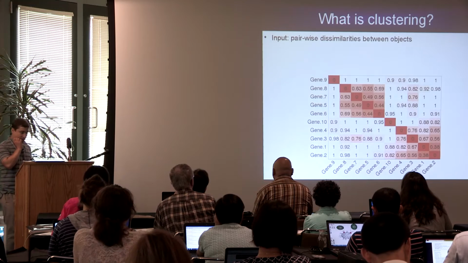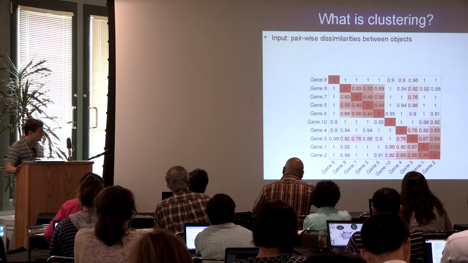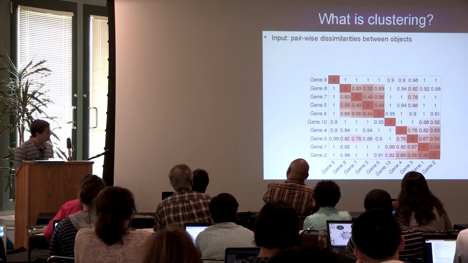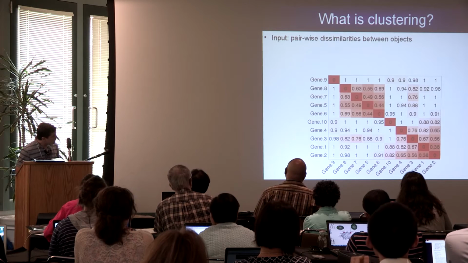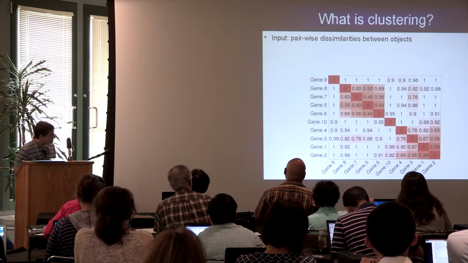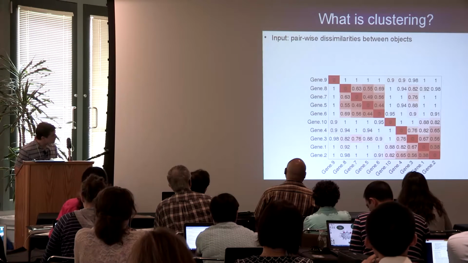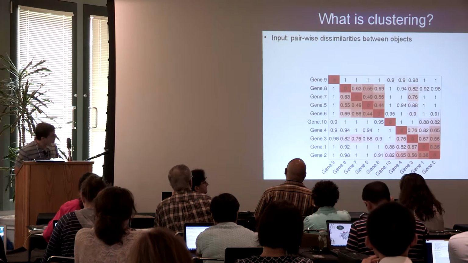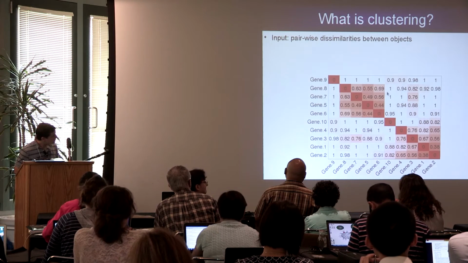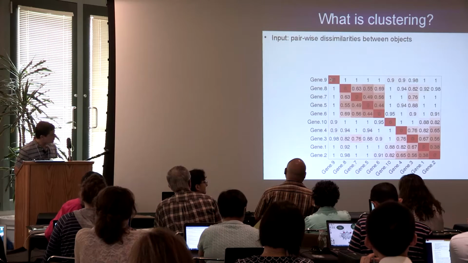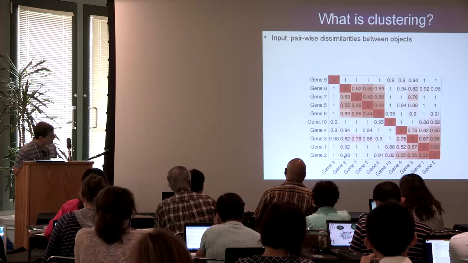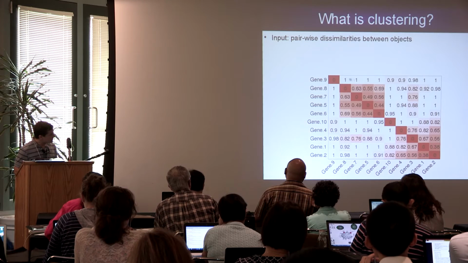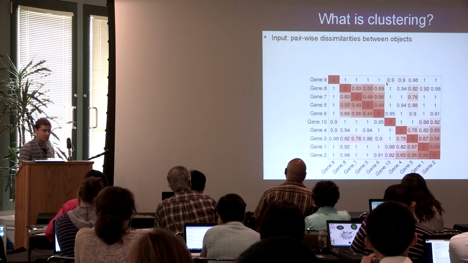So I start here. What is clustering? Clustering is a method that takes as input a pairwise matrix of dissimilarities between objects. So here I have 10 objects. I call them gene 1 through gene 10. And there's a 10 by 10 matrix of numbers. And the numbers range between 0 and 1.